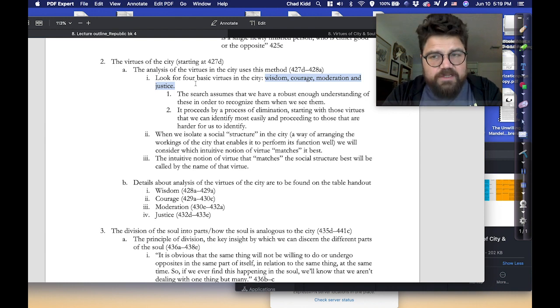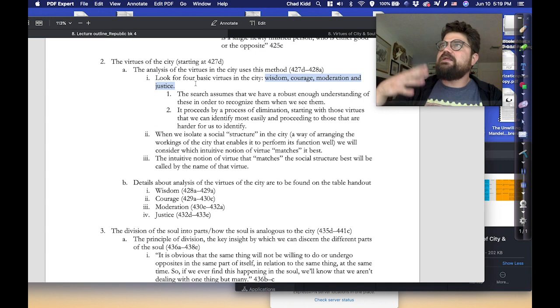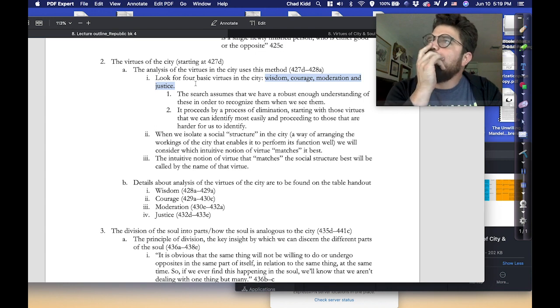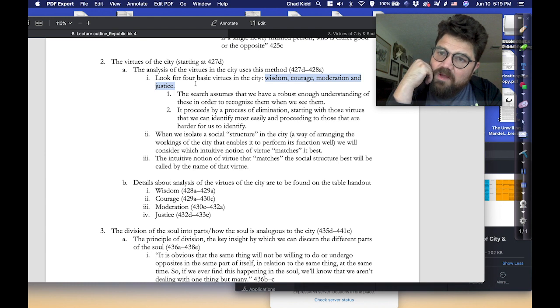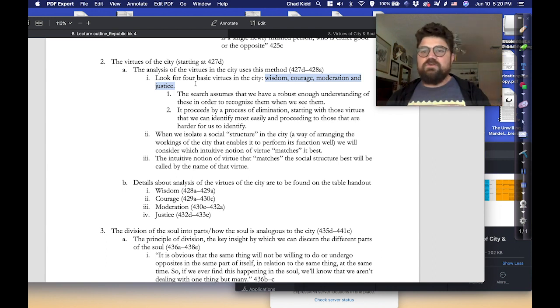Someone can recognize water without exactly knowing what it is. We can recognize, say, a certain kind of animal without knowing exactly what kind of animal that is, without knowing, say, what the essence of that kind of animal is. So you get the point, right? The idea is that we have a robust enough understanding. It might be confused, but it's robust enough that we can recognize something of that kind whenever we see it.